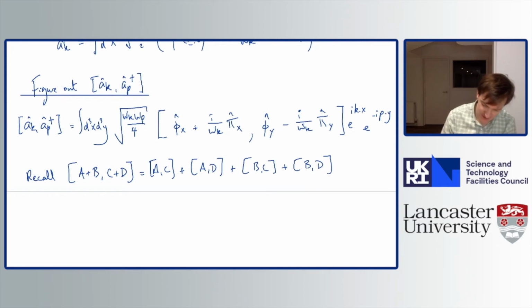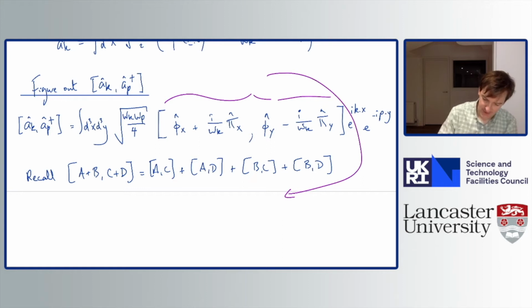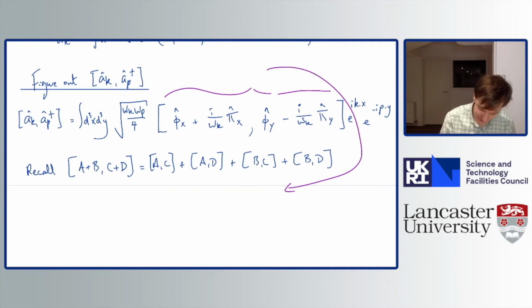So let's do the commutator bit. Let me look at this bit here. Bring all of the other factors along later. I'm just going to focus on this commutator. So the 4 terms we will get: A is going to be phi x, C is obviously going to be phi y.